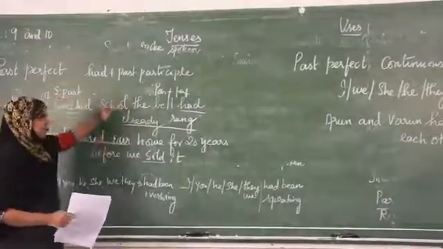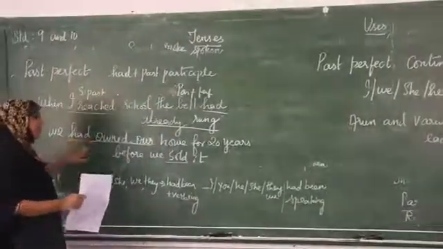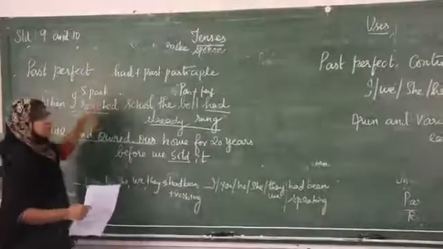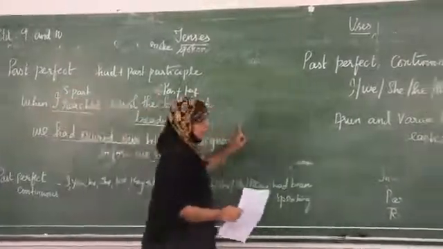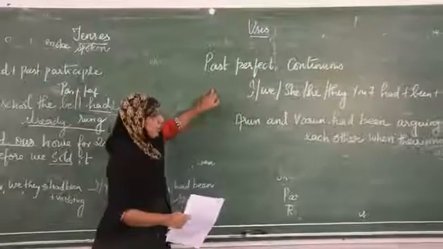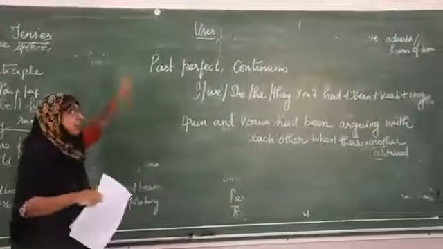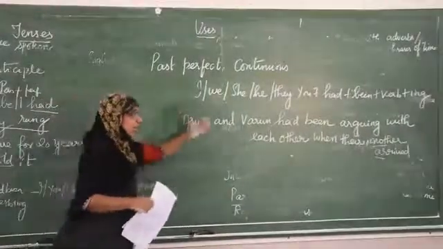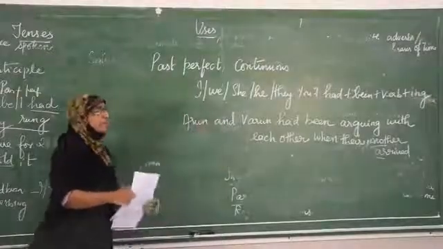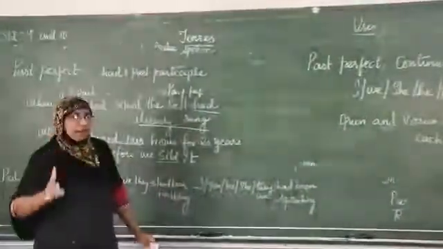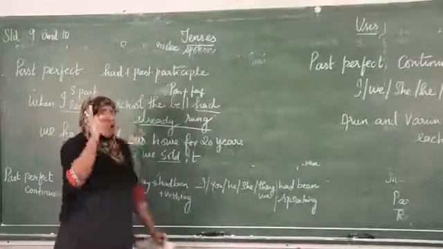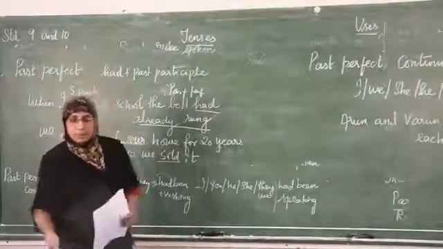This action takes place earlier. Which action takes place second here? That is reach. Same way for past perfect continuous also. The action had already begun. It was in progress, continuing, going on till another action took place in the past. So the second action, which took place in the past, will always be in simple past tense.